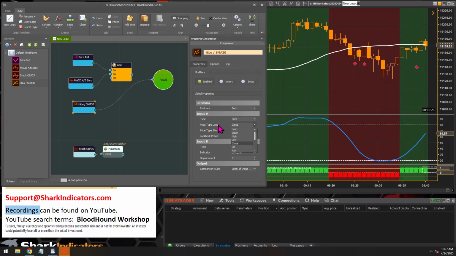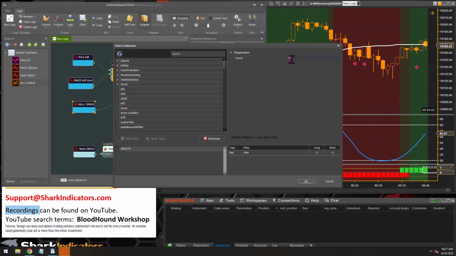We'll generate a long output when the high price is above, and we'll generate a short output when the low price is below. And so now input B needs to be our moving average here, which is an SMA 30. So let's adjust the period. There we go.